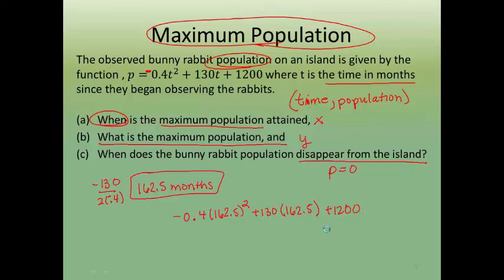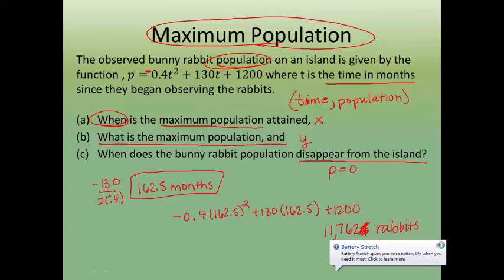All right, I got a maximum population of 11,762.5 rabbits, or bunnies, or bunny rabbits. Now that's not logical to have the 0.5, so we're going to get rid of the 0.5 and just call it 11,762. So that answers question B.